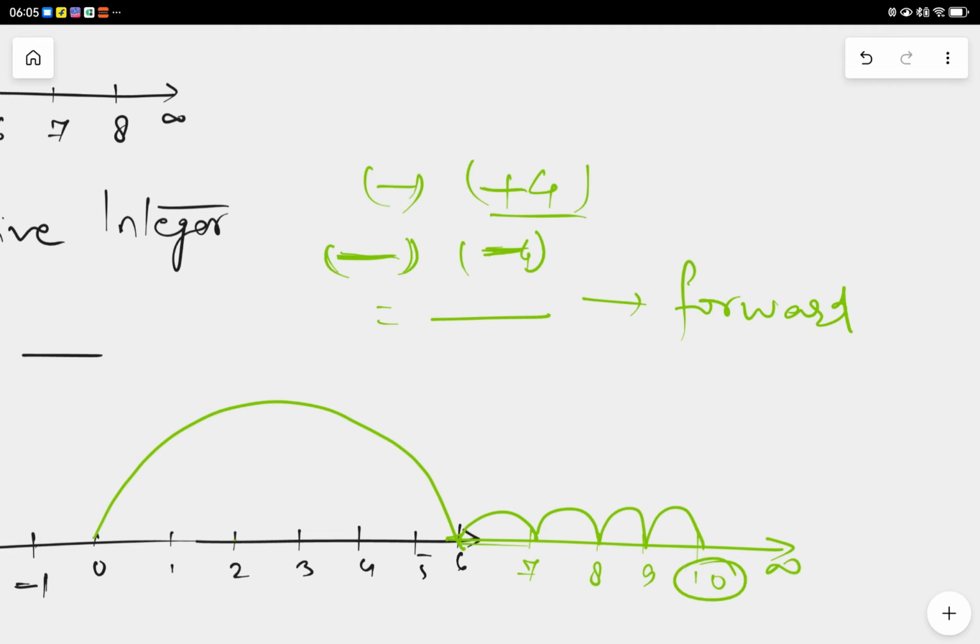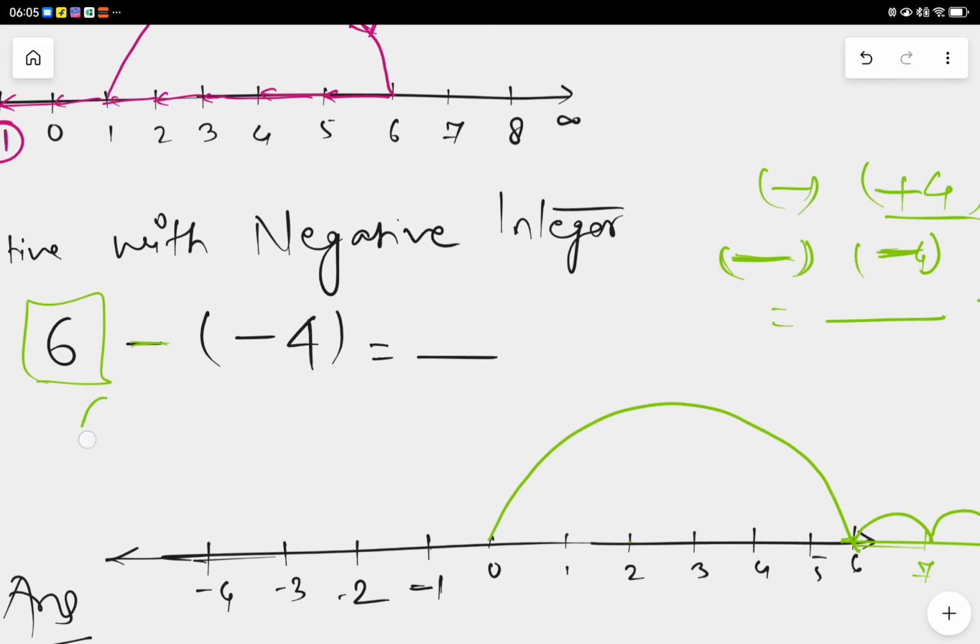The answer is 10. So 6 minus, and if the bracket is open, then minus multiplied by minus, which we will cover in the next section, with 4, this becomes minus minus, negative negative as positive. So we have to add. Finally the answer will become 10.